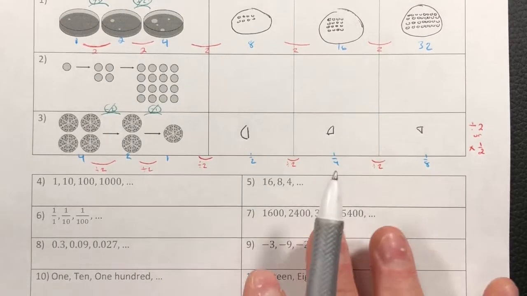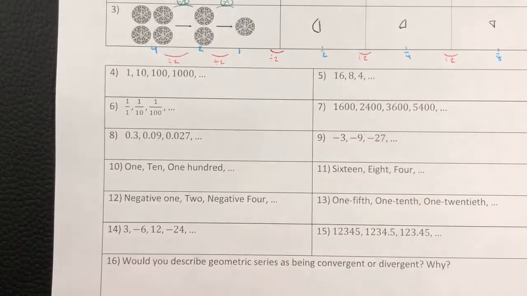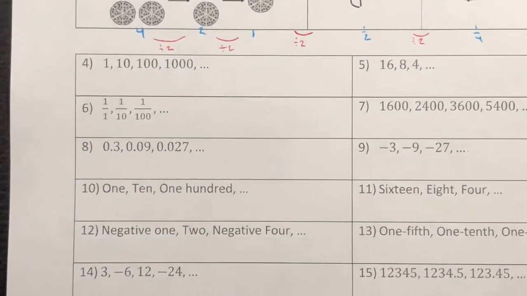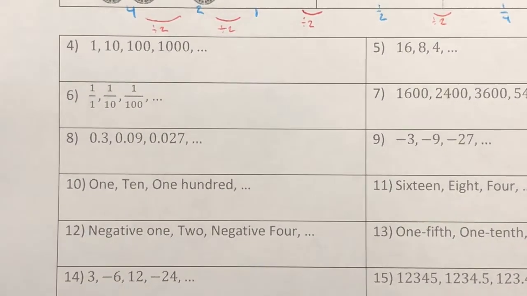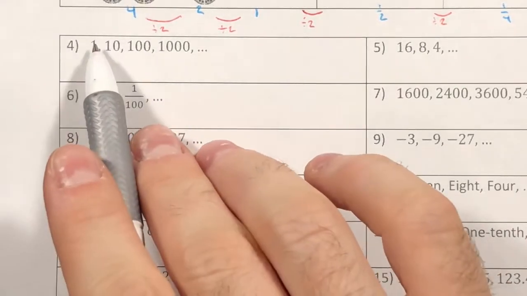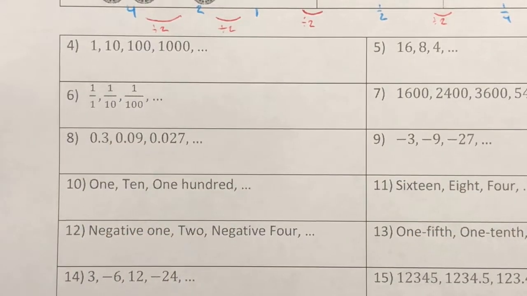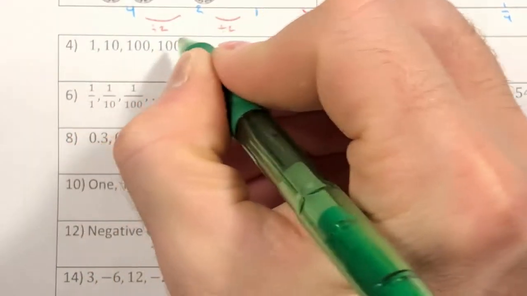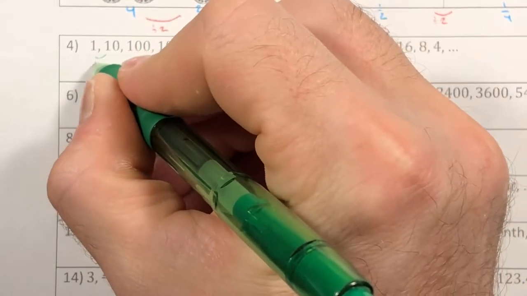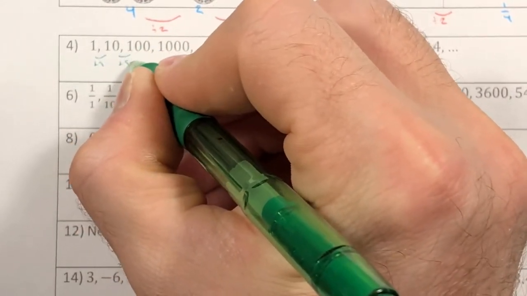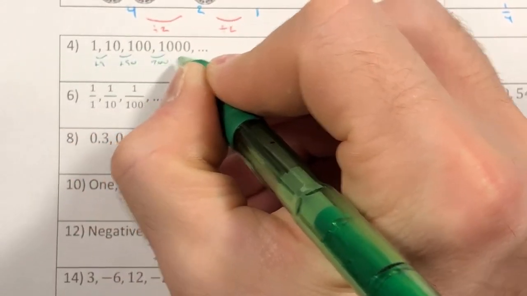So if we move into some of the other examples that we got going on here, let's take a look at what are the next 3 parts of the sequence. So for my first example, I'm going from 1 to 10 to 100 to 1,000. If I were to try and figure out what I'm adding, again, I noticed that it wouldn't be consistent. I'd be adding 9, adding 90, adding 900.